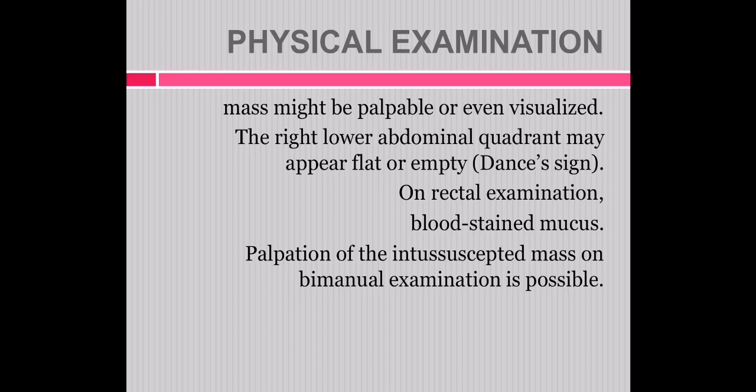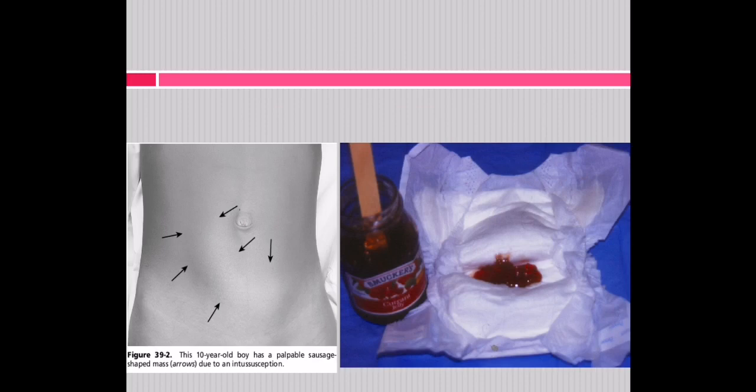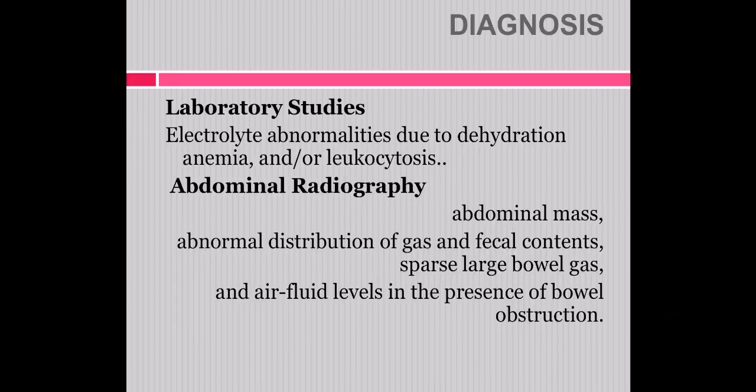Bleeding per rectum, on PR examination, will show a blood-stained finger. The mass might be palpable by PR if the condition is more delayed. This is a photo on the right side showing a red currant jelly stool.